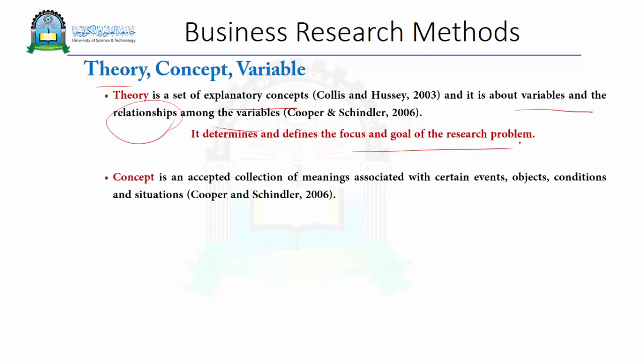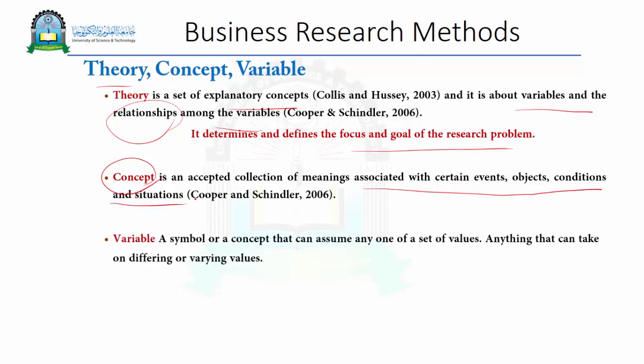The second one is a concept. What is the concept? It is the variable before it is operationalized. According to Cooper and Schindler, the concept is an accepted collection of meanings associated to events, objects, conditions, and situations.